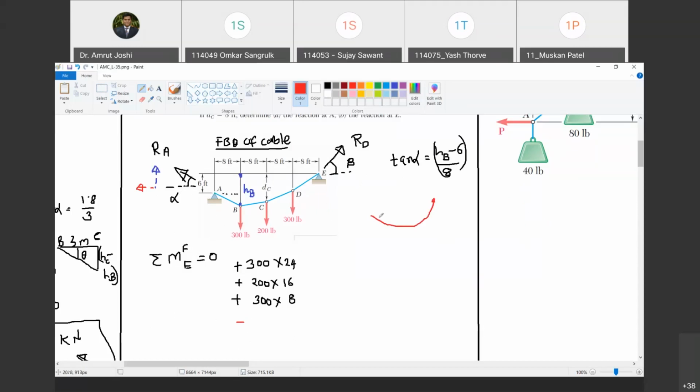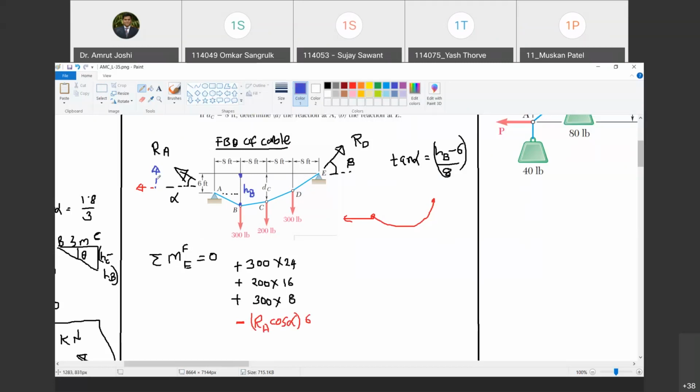This is E and this is A. So the horizontal component is going to produce clockwise moment at E. Therefore I am going to give negative sign. And what is its moment? RA cos alpha multiplied by how much? Into 6 feet, the vertical distance between A and E. So into 6. Happy? Yes, sir.